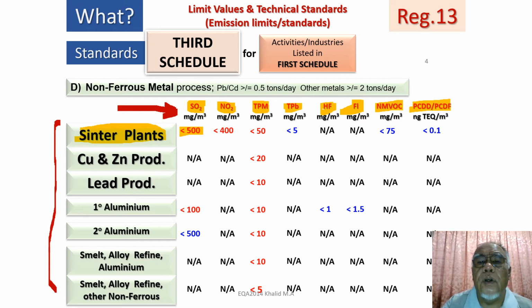So for those in red font, we require CEMS. Sorry about that, I've never written on a laptop before. Now, see, the other parameter is nitrogen dioxide.